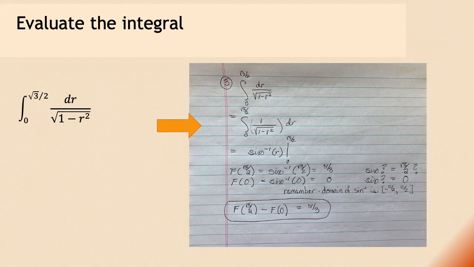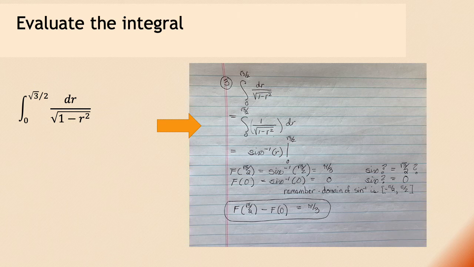Maybe think about looking at the table of antiderivatives to see if that appears somewhere. And when you look, you see that is related to the arcsine, or the inverse sine. The derivative of the inverse sine of r is 1 over the square root of 1 minus r squared. So our antiderivative is inverse sine of r.